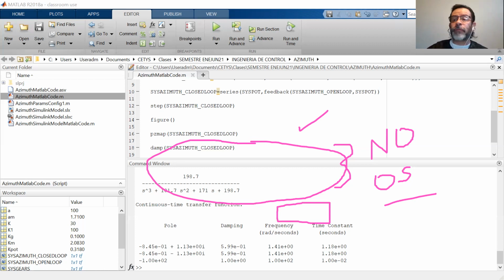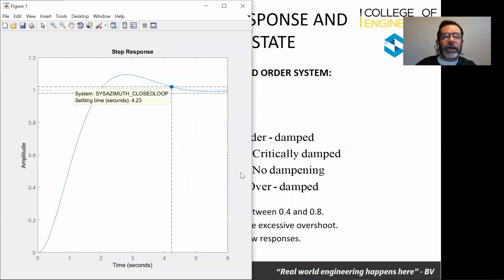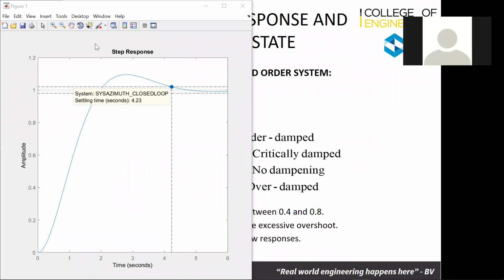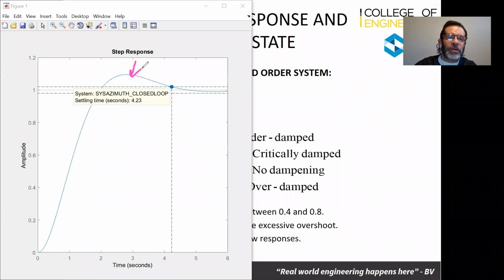Now let's reason this out. Do you all notice that the values for the damping ratio are all positive? I just said that the damping ratio is trying to push the response down.